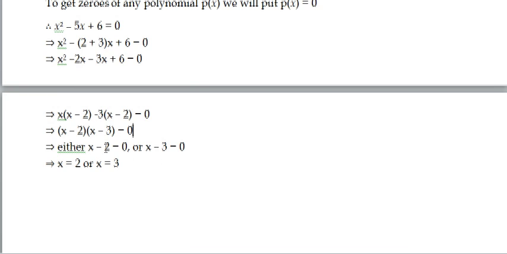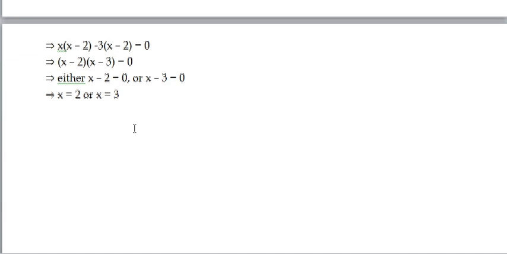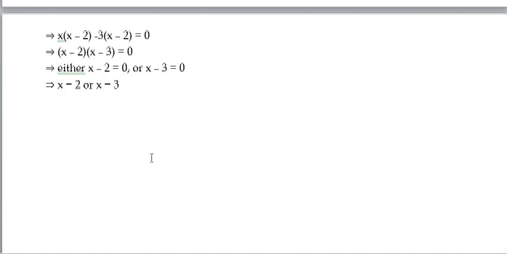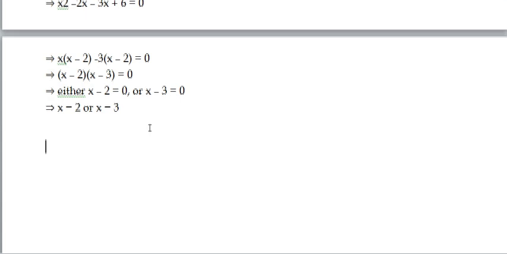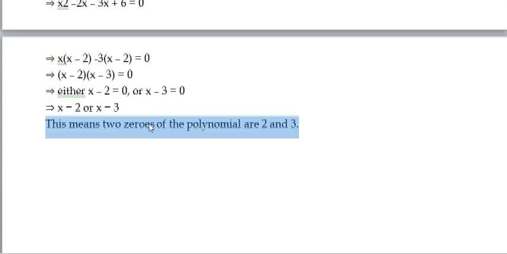Now x − 2 = 0 means x = 2, or x − 3 = 0 implies x = 3. So this means the two zeros of the polynomial are 2 and 3. We are getting the real zeros of the polynomial.